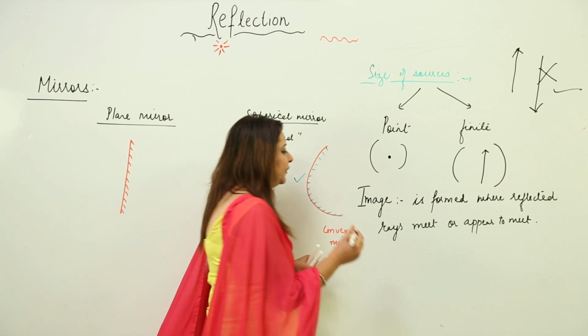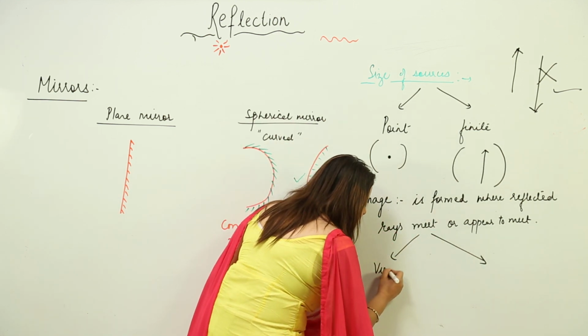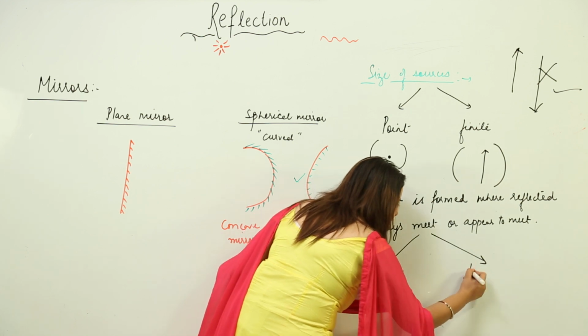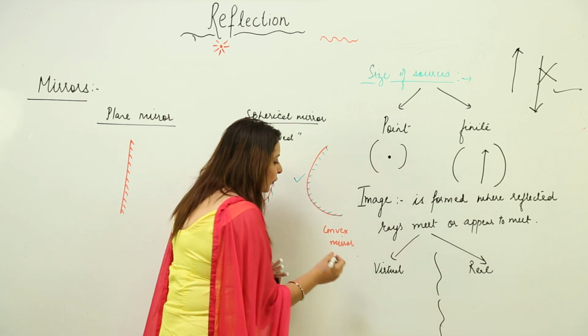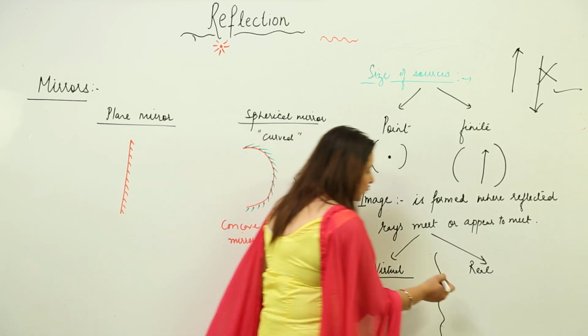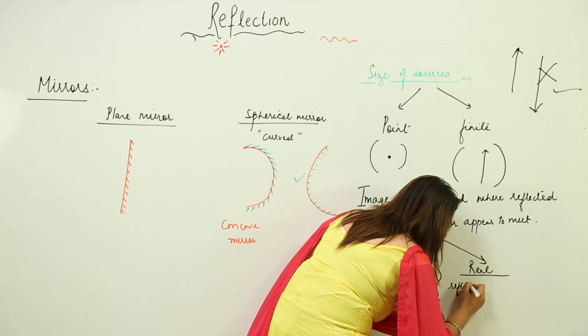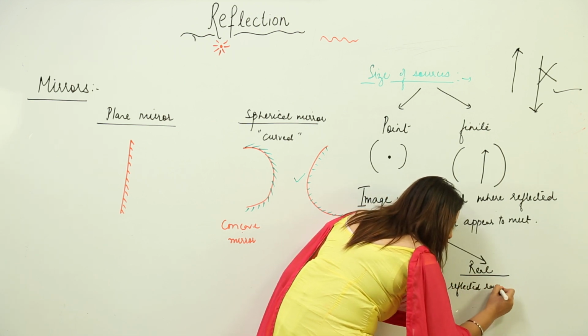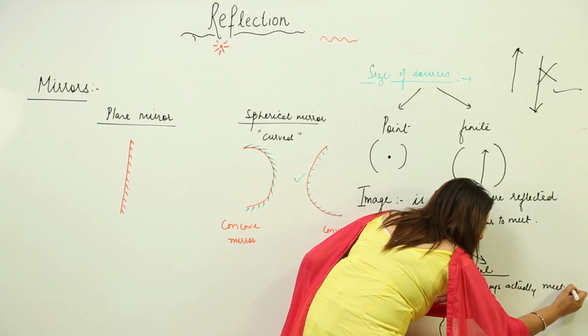Depending upon that, we see two kinds of images. One is the virtual image, the other is the real image. So what is the difference between the two? First we'll start with the real image. A real image is formed when reflected rays actually meet at a point.